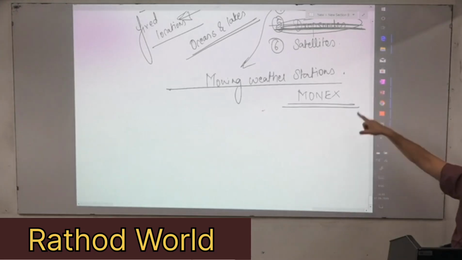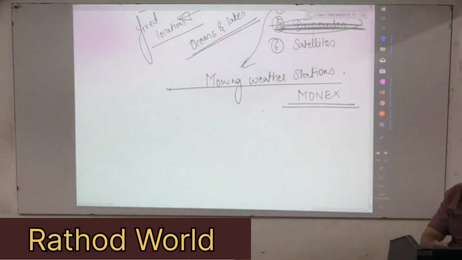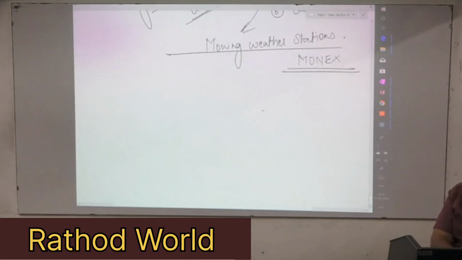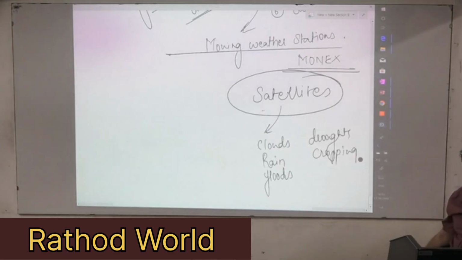सबसे पहले you will have to collect with the help of these things, and satellites तो you already know what is the work of satellites, right from the clouds, rain, floods, droughts, cropping pattern, forest fires, कुछ भी देखो with the help of satellites, fine.